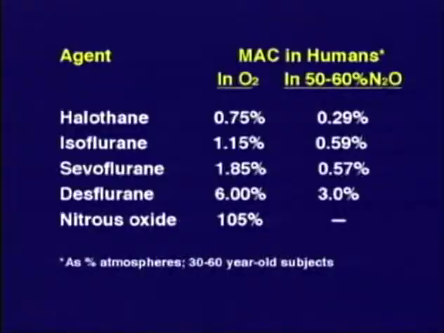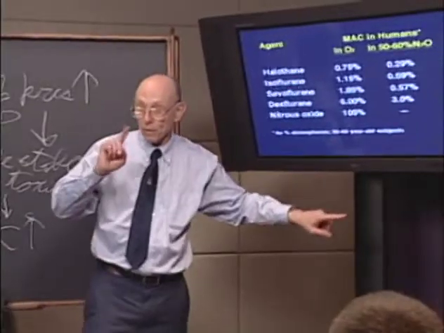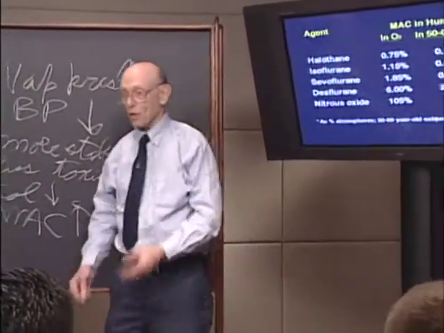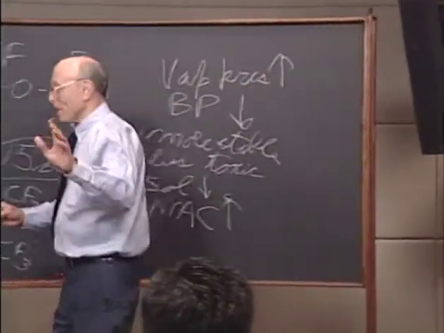Hyperbaric chamber. So it's 105% of 1 atmosphere. Now, clearly, you can't give 105% of nitrous oxide unless you're willing to go down to Death Valley. Well, never mind.